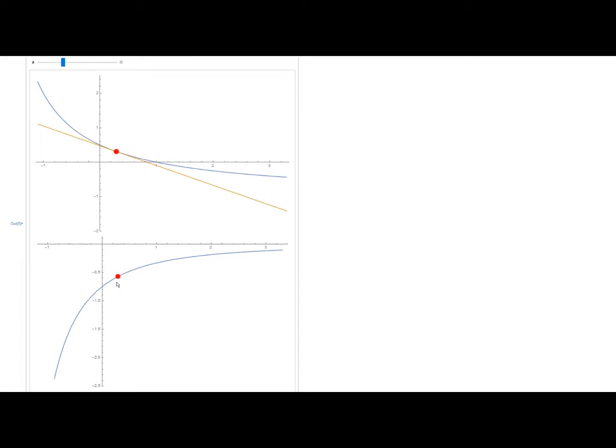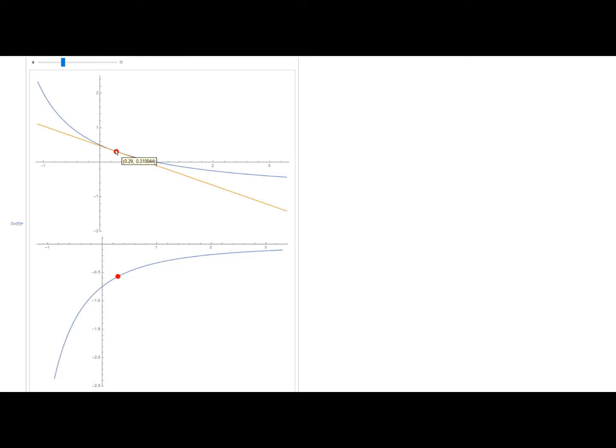And again, be very clear, the y values for the derivative at the same x point correspond to the slope of the tangent line here. So the slope of the original function at this x value, 0.29, is negative 0.57.